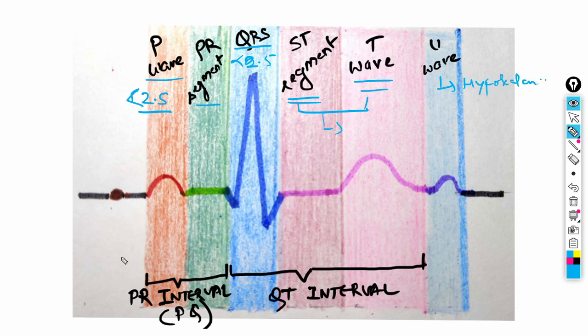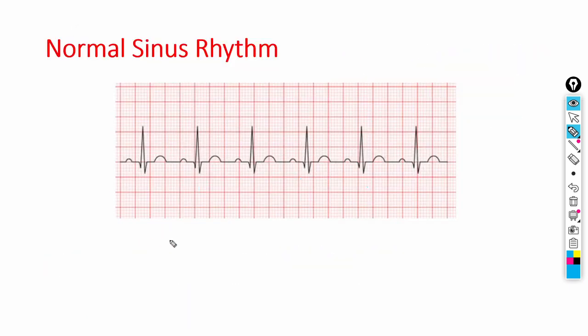The PR interval is normally 3 to 5 small boxes, that is 0.12 to 0.2 seconds. On the other hand, the QT interval is 0.33 to 0.46 seconds. So this is an ECG with a normal sinus rhythm, with normal QRS complexes and a normal P wave.